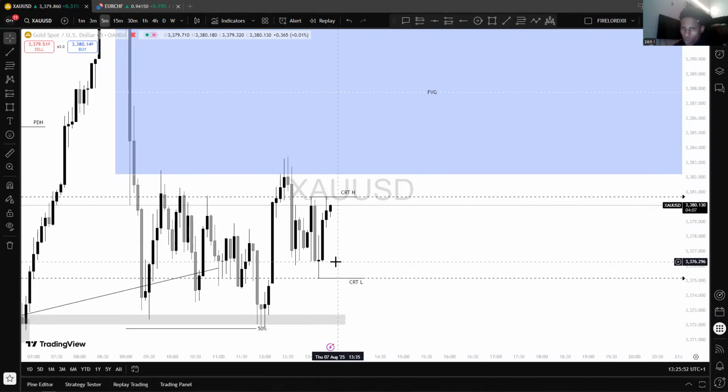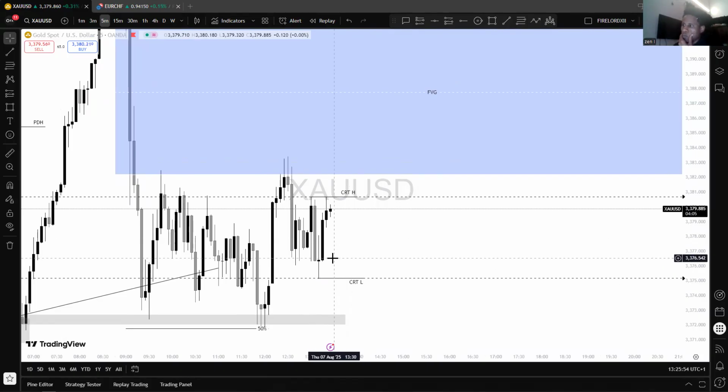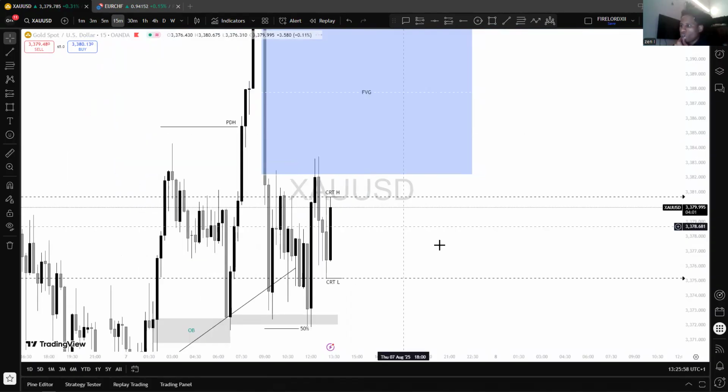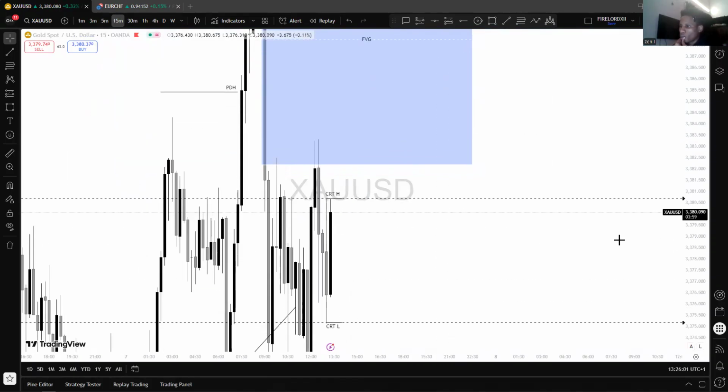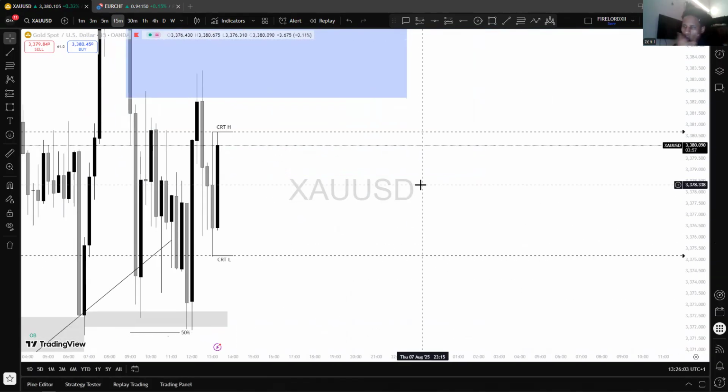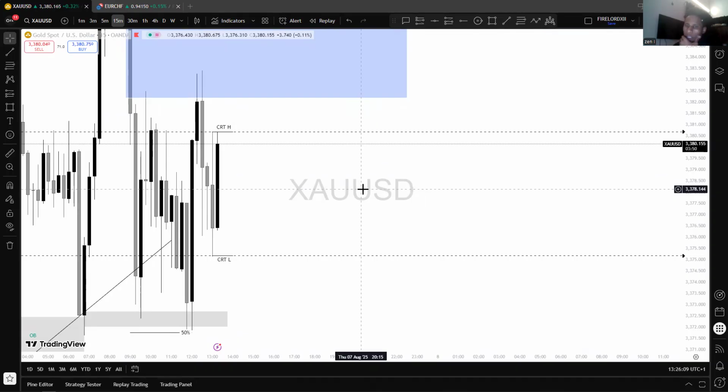So how does it go? By 1 o'clock, that's 1 o'clock in the afternoon. New York session is maybe 9 o'clock or so on any other person's side. I don't know what time it is on every other person's side, but it's 1 o'clock on my side, New York session.